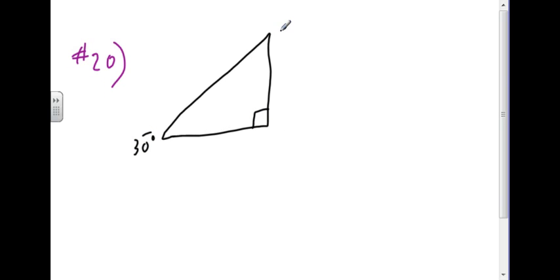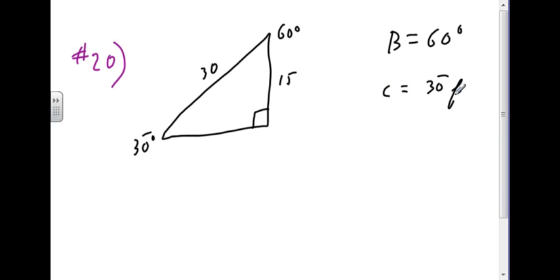I have 90 there, so that means I have to have 60 over here. So I can just write down that B is equal to 60 before we ever start. And the sine of 30 is a half, so that means C has to be 30 feet.